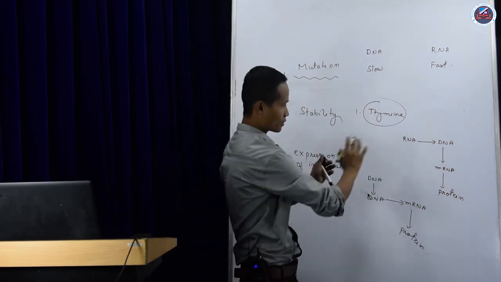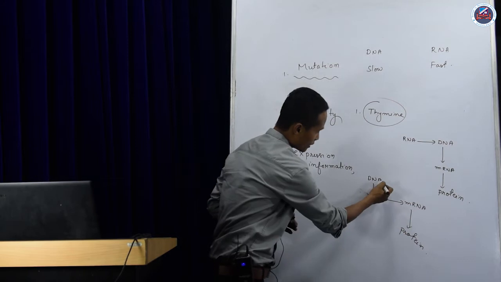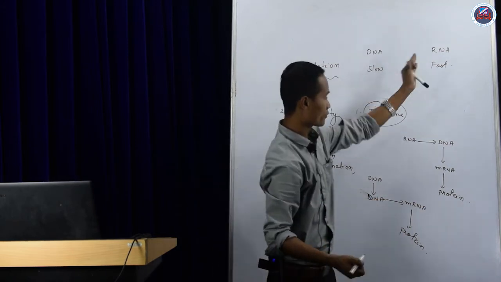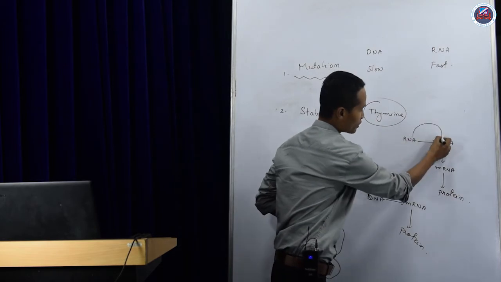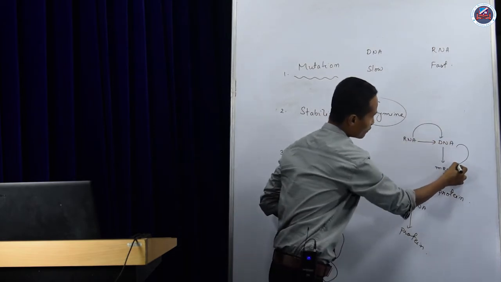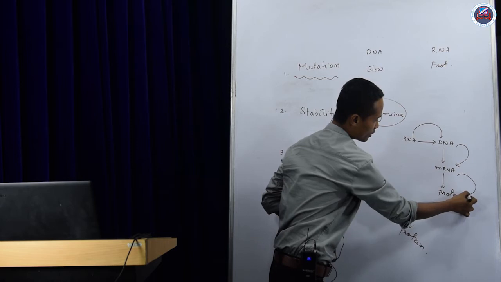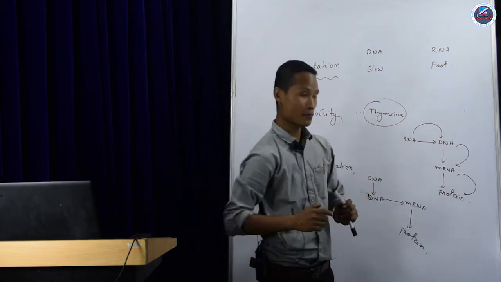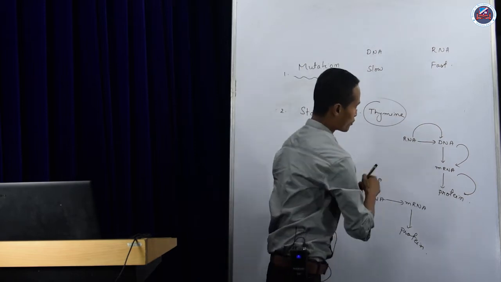So this is the difference. You can see that DNA is converted to DNA, then from DNA it becomes RNA, then protein. Whereas RNA will be converting to DNA, then this DNA will convert to mRNA, and then mRNA gets converted to protein. This is called reverse transcription.